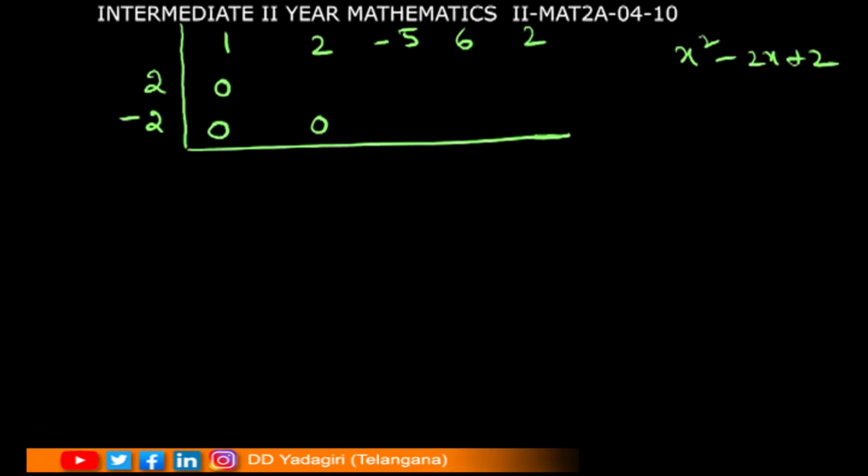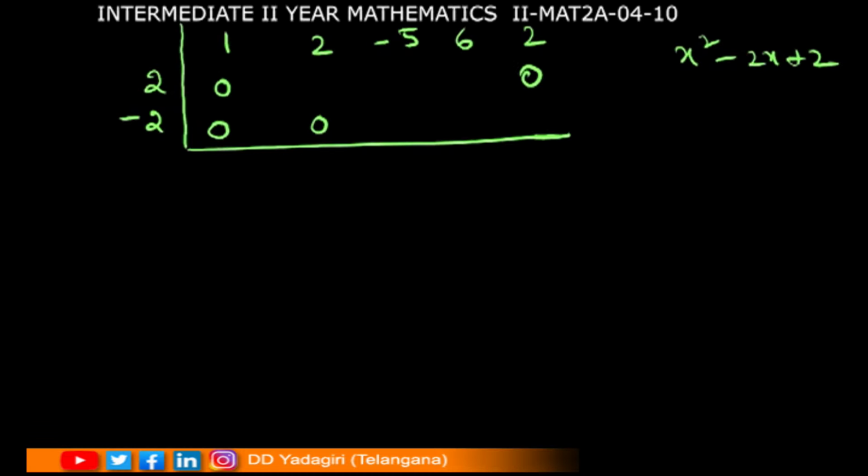What are the coefficients? 1, 2, minus 5, 6 and 2. These are the coefficients of the polynomial. We are dividing it by x square minus 2x plus 2. So we are writing 2 here and minus 2 here, p and q. We have to put a 0 here, and a 0 here.